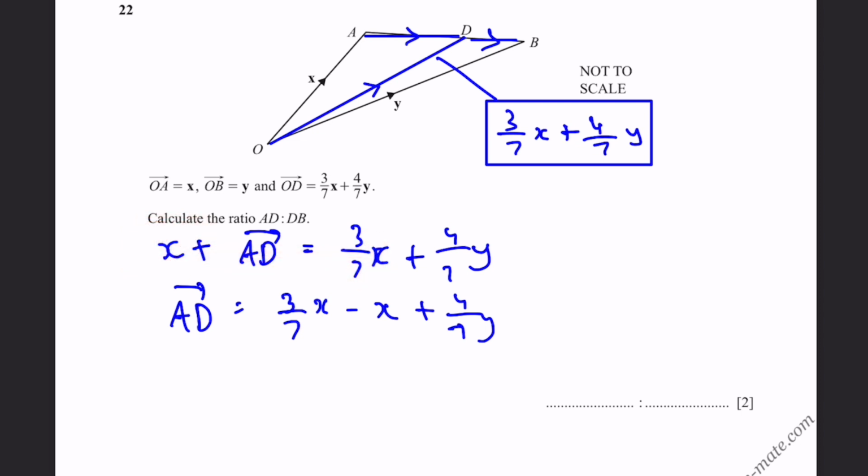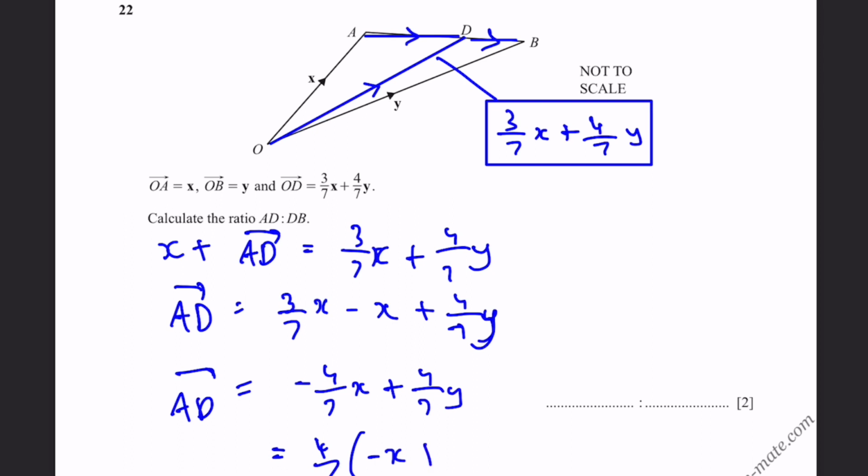So when we do that, it becomes AD equals minus 4 by 7x plus 4 by 7y. That can be written as 4 by 7 into minus x plus y. Or you can write it as 4 by 7 into y minus x.